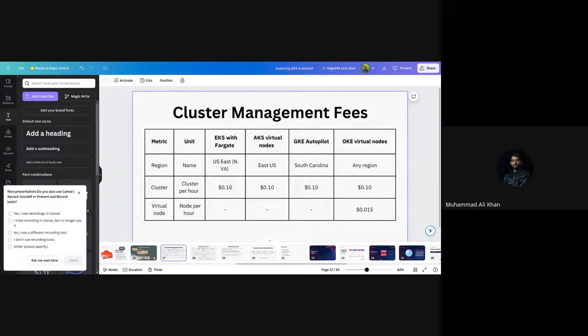That is a $0.10 per hour cluster management fee.